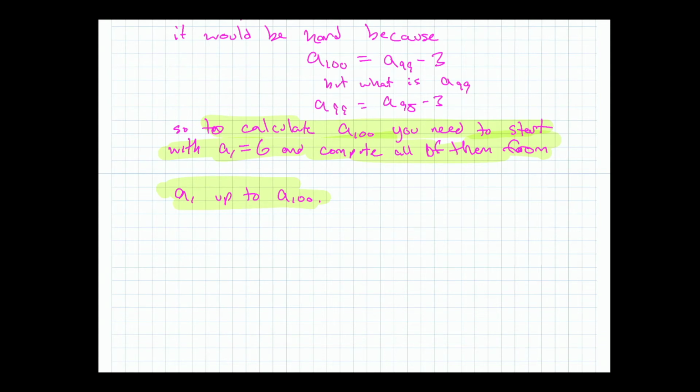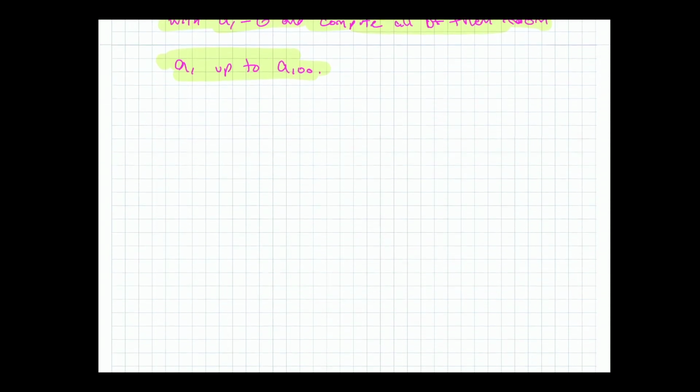That means if somebody says, oh, what's A500? Well, hold on, I just need to calculate 500 of these in order to tell you what A500 is. That's not good. So what they want is, is there a formula that's not recursive? So it's important to be able to find those.